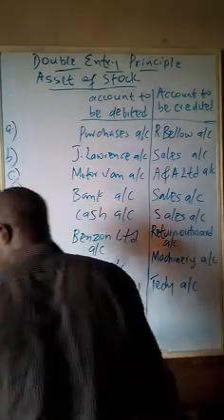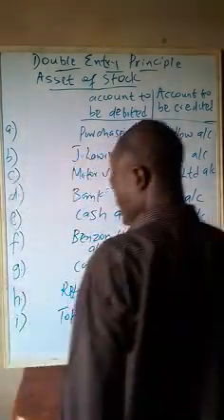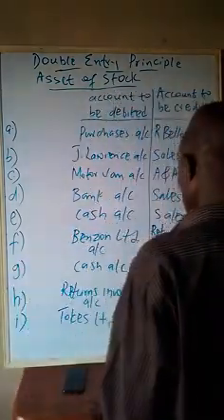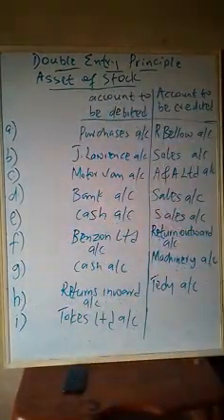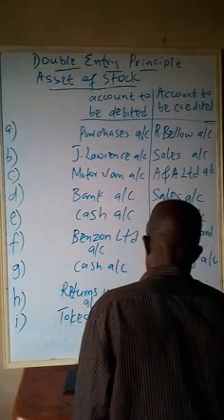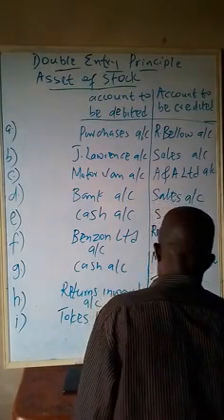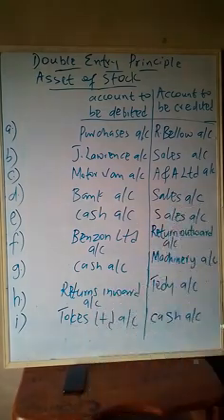Tox Limited account. Then paying Tox Limited in cash for goods bought on credit. That is, we use cash to pay. Cash account gives out.